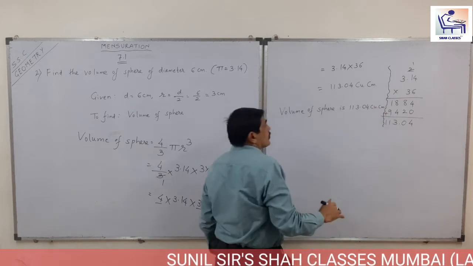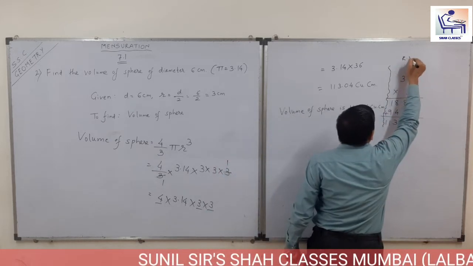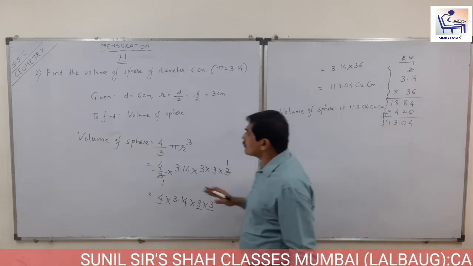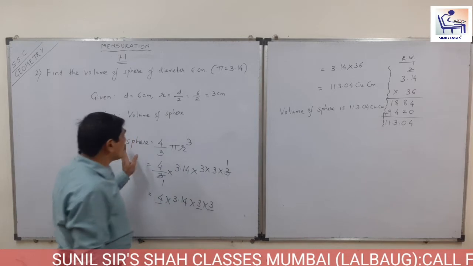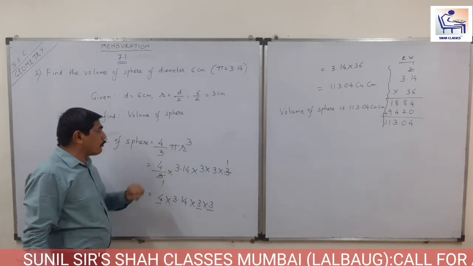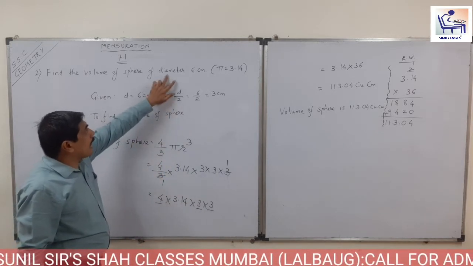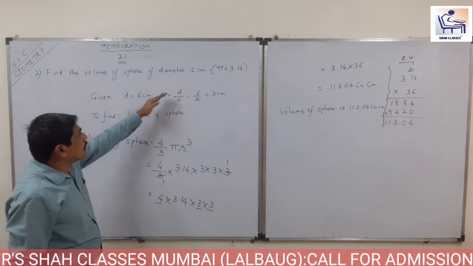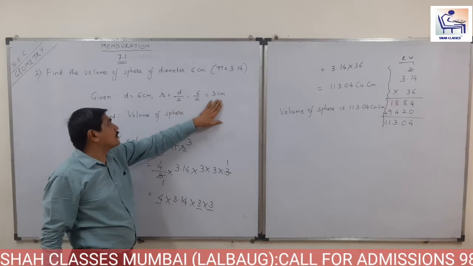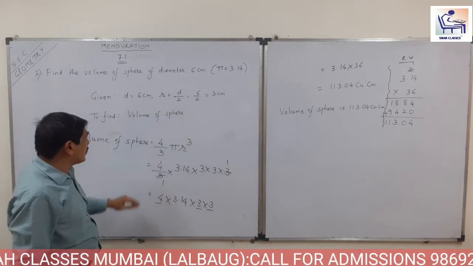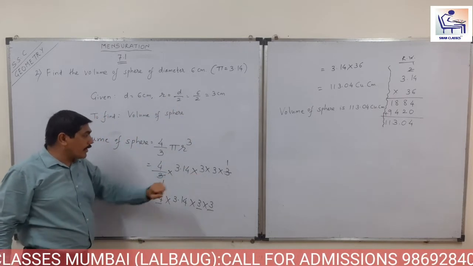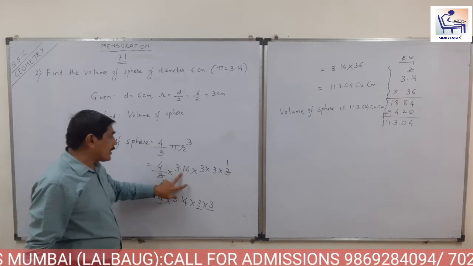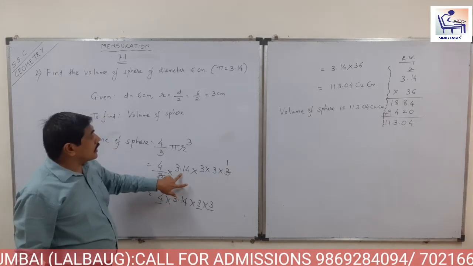So this is my rough work. I hope it is very clear to you. Volume of a sphere, what is the formula? 4/3 pi r cube. Keep in mind that here diameter is given and the formula has radius. So how do you find the radius from the diameter? Make it a half and you will get your answer. Radius is 3 centimeter. Put the value 4/3. Here, please remember, take the value of pi as 3.14 as a correction in our textbook also.